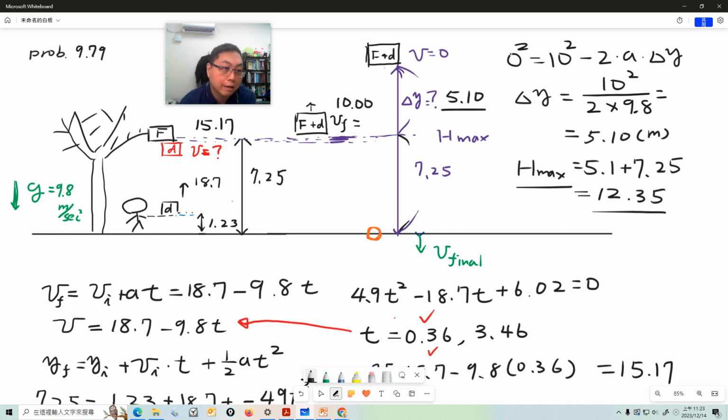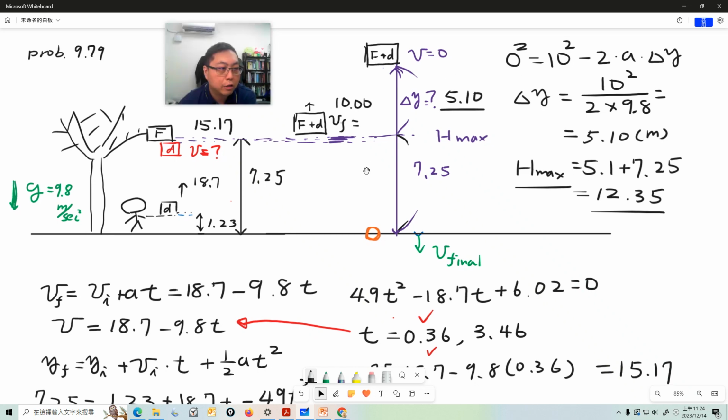Actually, you can use kinematics, but we can also use energy conservation to solve the same problem. Because this is free falling motion, there is no friction. We don't assume any air resistance, no friction, no external force. So the system is isolated, and we can use mechanical energy conservation.